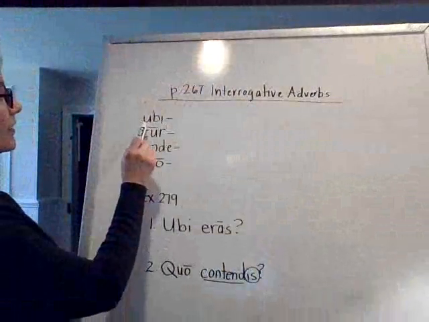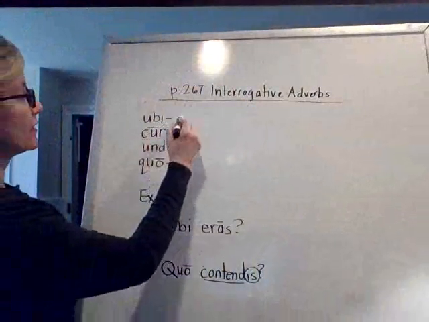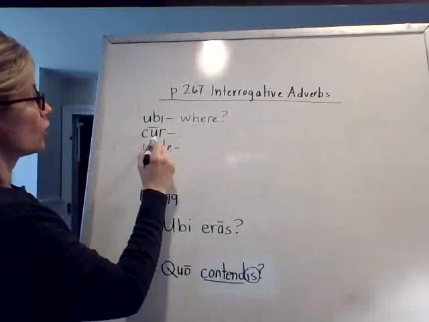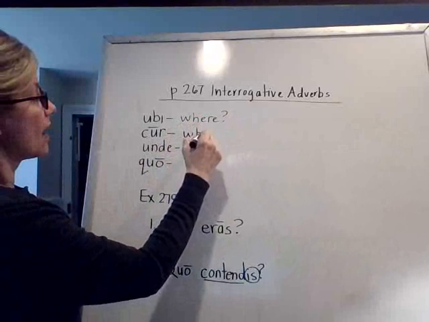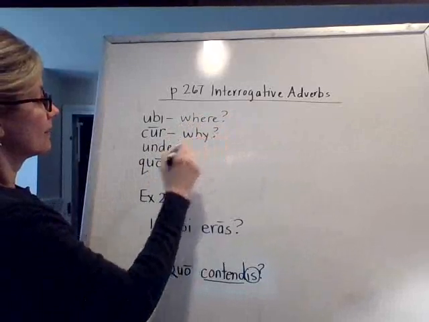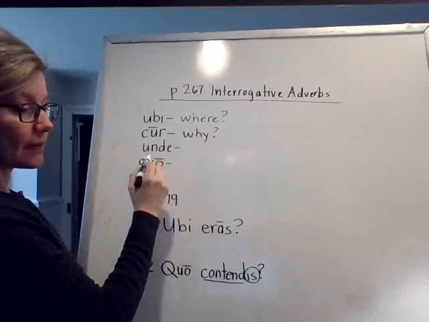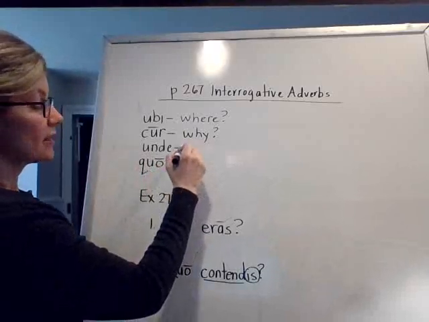First of all is the word ubi. It means where. Cur is why. Unde is another where word, but this time it implies motion.